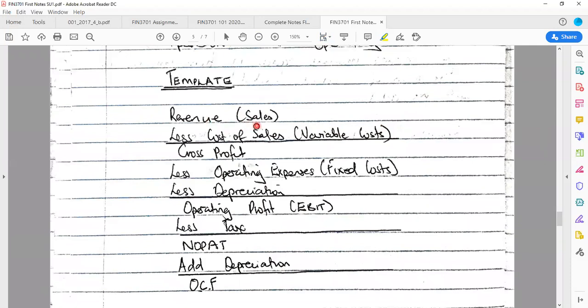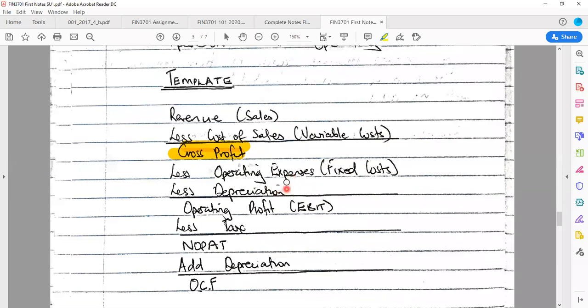You take your revenue, which is your sales, then you subtract your cost of sales, also known as the variable cost, and that gives you your gross profit. And then from the gross profit, you subtract operating expenses, also known as fixed costs, and you subtract depreciation. Sometimes they can say operating expenses include depreciation.